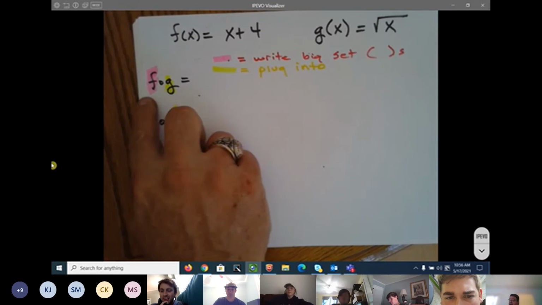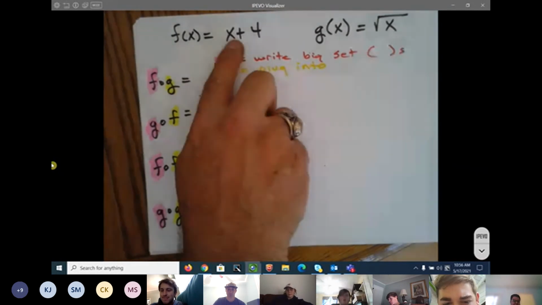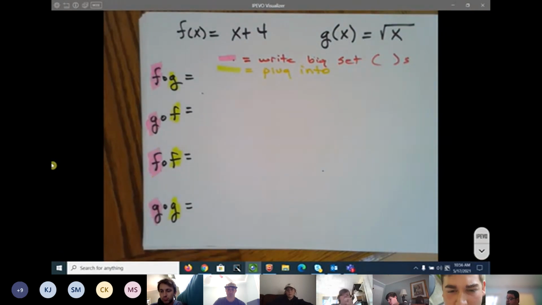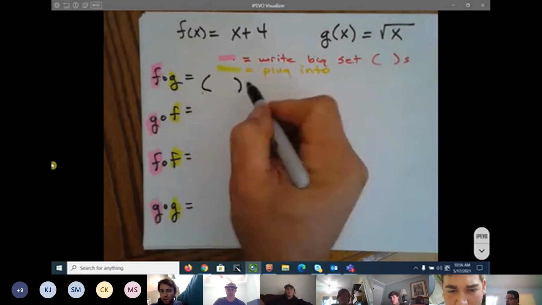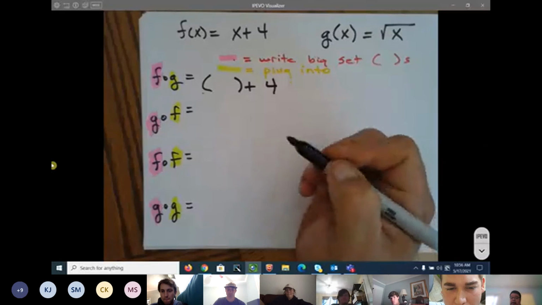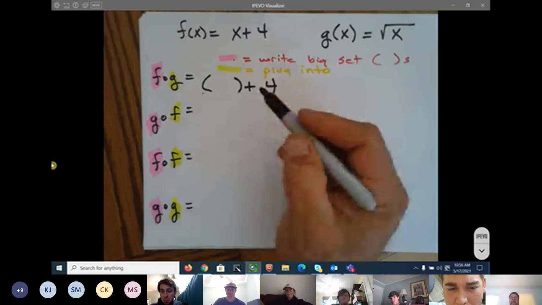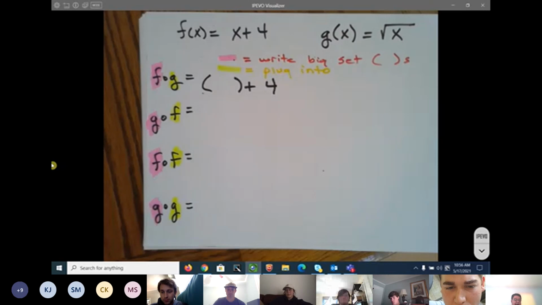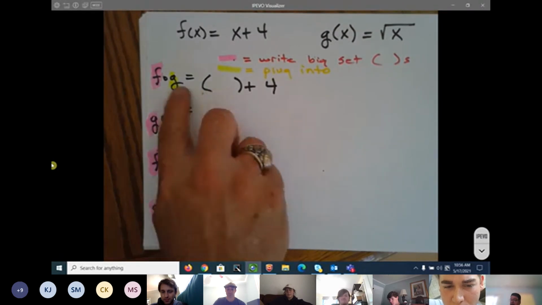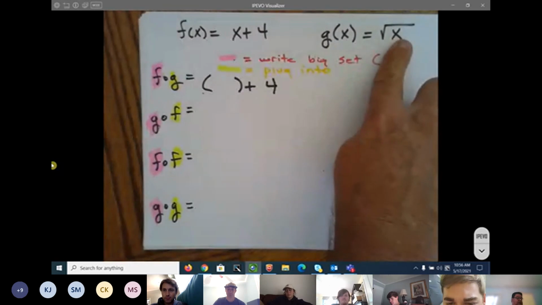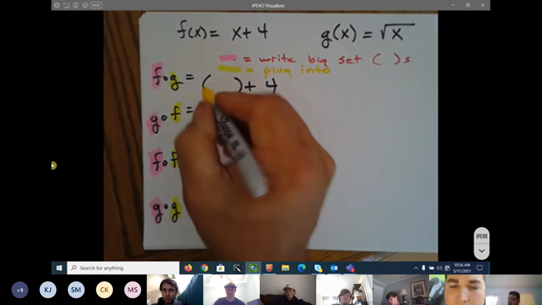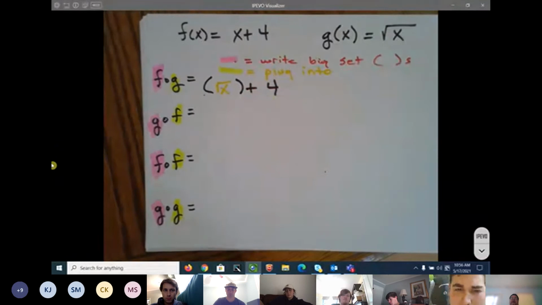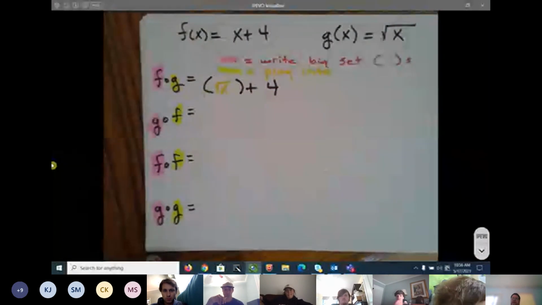So f, I'm going to write this with a big set of parentheses. And I'm going to plug in g, which is square root x. And I bet you $1 there's somebody in here that didn't know that composition was nothing but substitution.